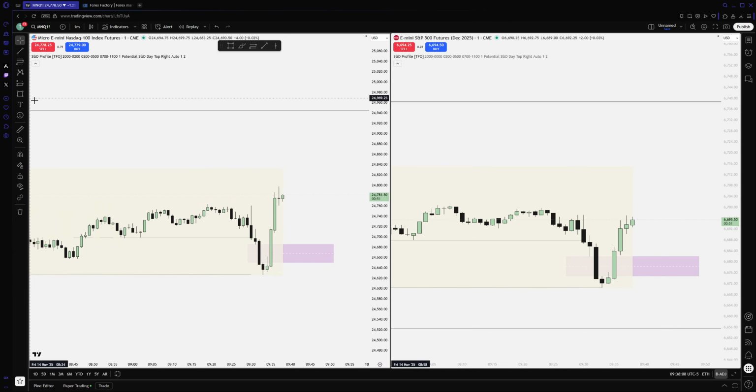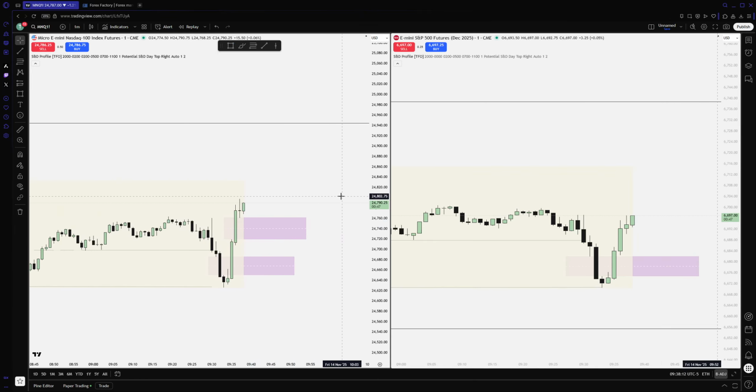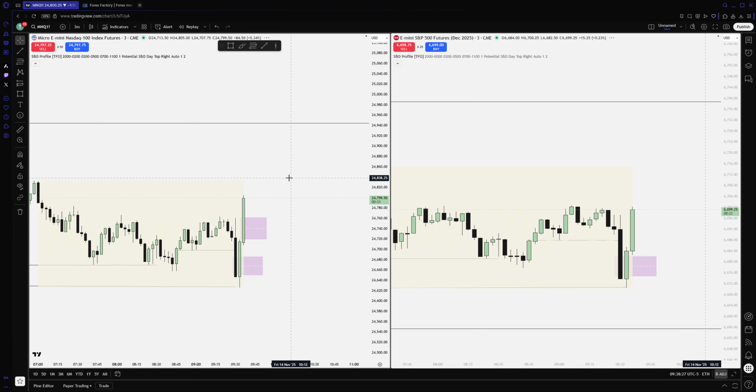So we have another fair value gap here. So if we get a closure, I don't trust this. I want to see a deeper retracement into this fair value gap. I could take it if it closes, but not exactly ideal, right? It's kind of just barreling up.